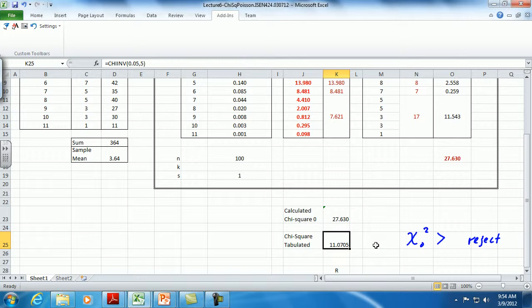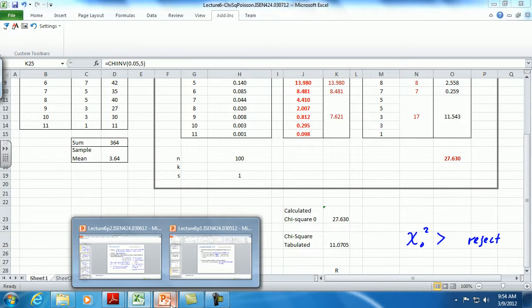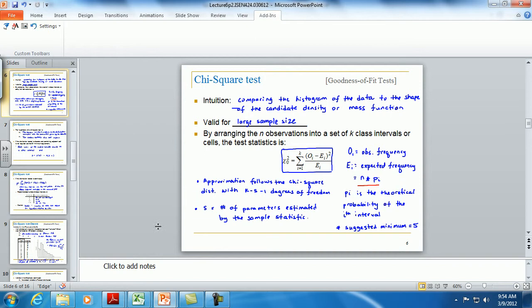So this data, based on this chi-square test, the test is telling you that this data is not distributed Poisson, or the best fit for this data is not the Poisson distribution. Okay? So let me go back to the slides.